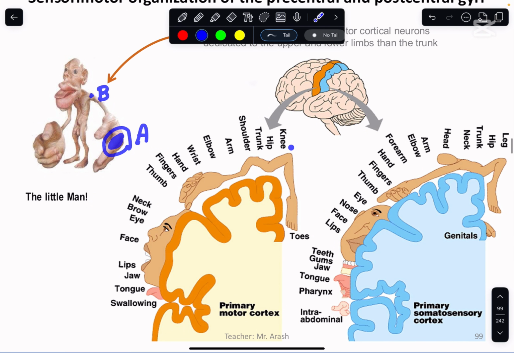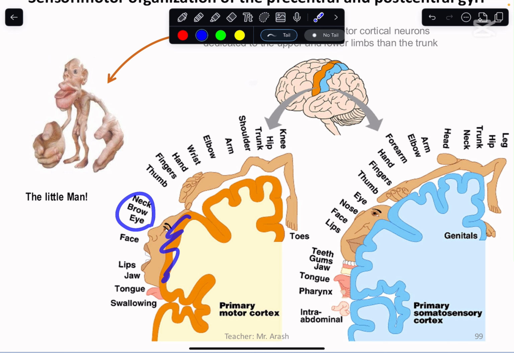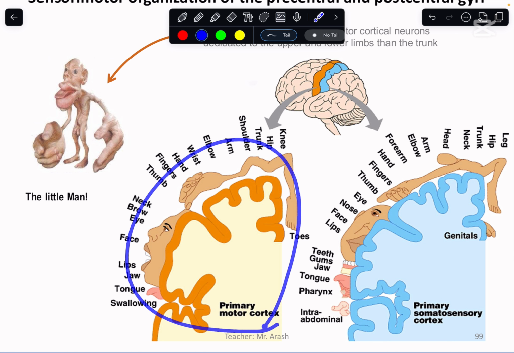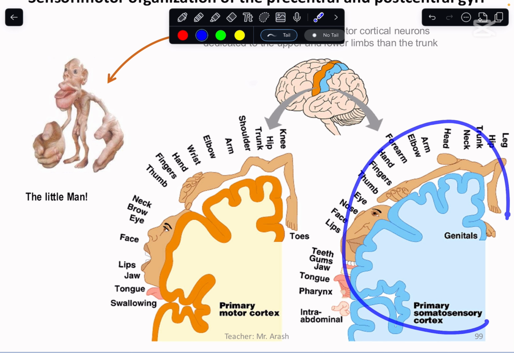Some part of the cortex only deals with your knee. This part of the cortex deals with your elbow. This part deals with your eyebrow. This part deals with swallowing. And of course, you have both motor cortical tissue and somatosensory cortical tissue.